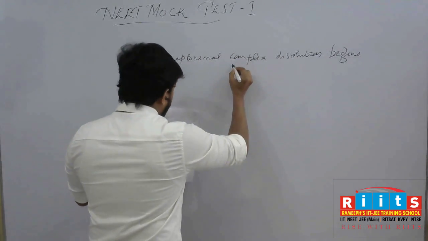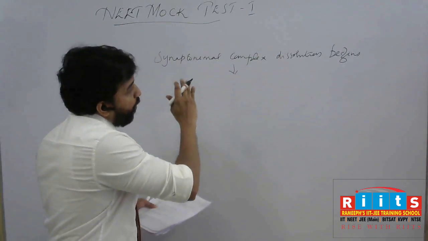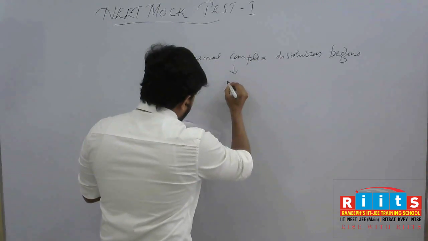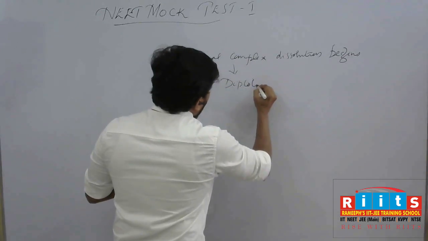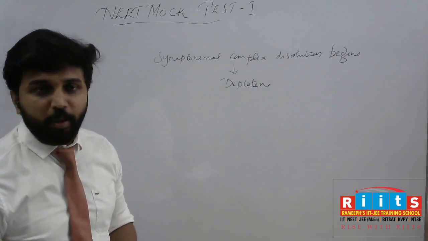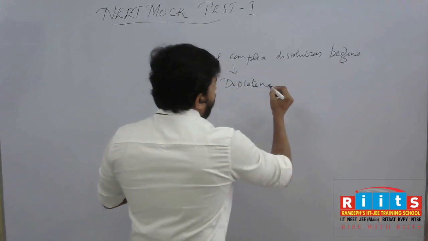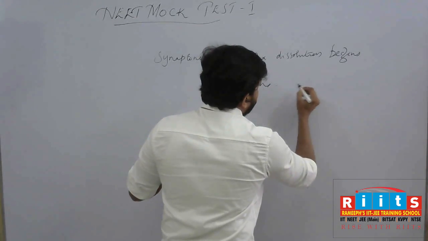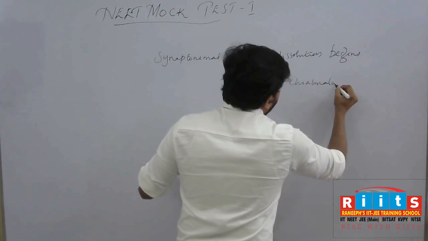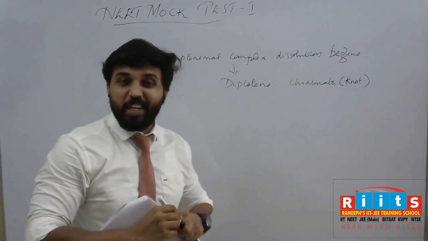We already know that dissolution of the synaptonemal complex usually begins at the diplotene stage, because in this stage chiasmata or knot formation takes place and terminalization begins.